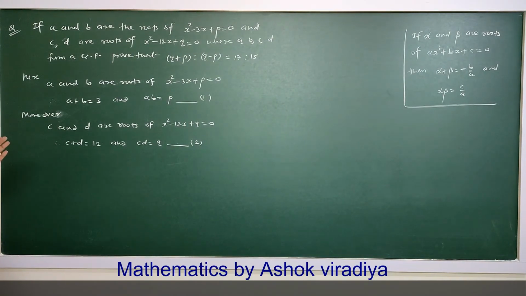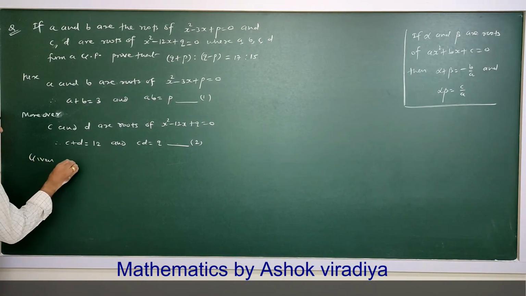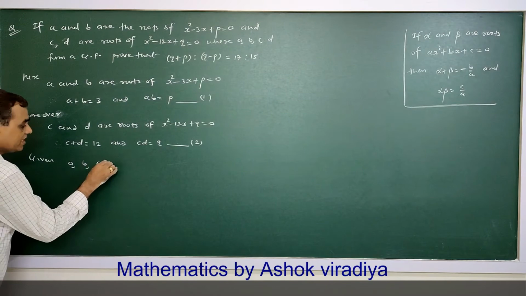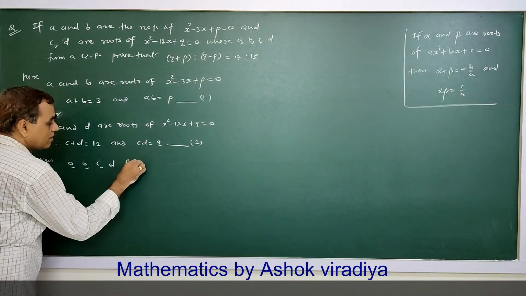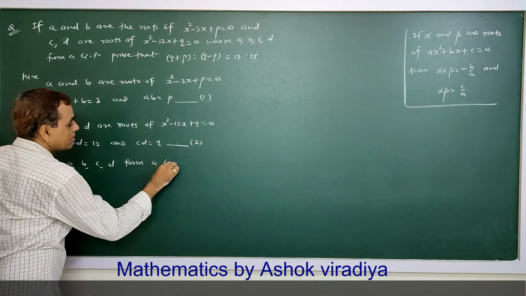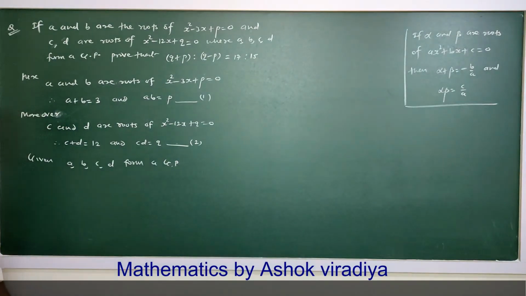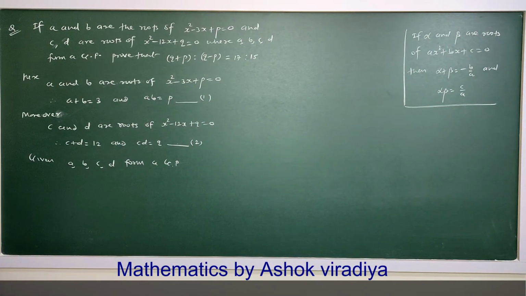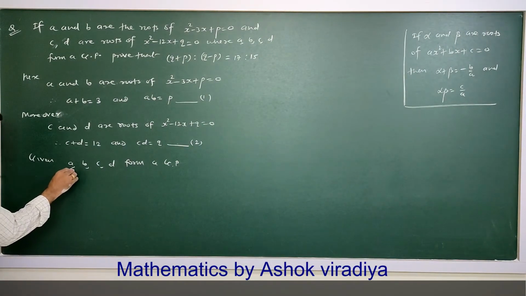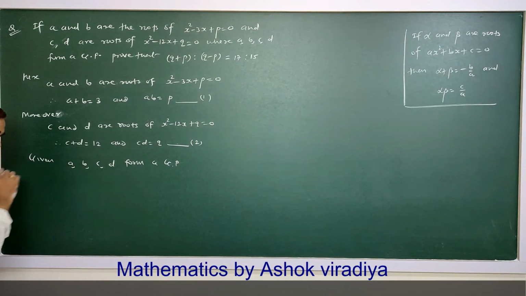Now A, B, C, D, these numbers form a GP. Given that A, B, C, D form a GP, A we keep as it is. So here the common ratio will be the same.